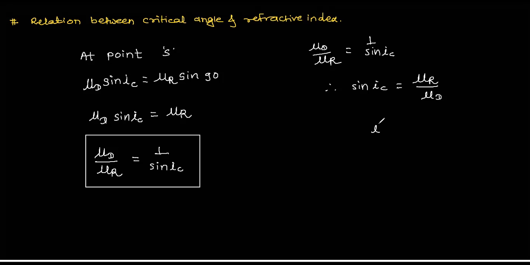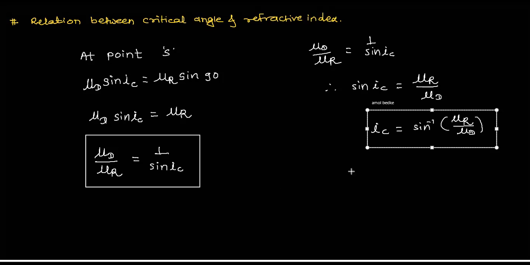And therefore the critical angle IC is equal to sine inverse of this ratio of refractive indices. Understand? So if they ask you the critical angle of two mediums, you just substitute the refractive index ratio and take sine inverse of that, and you will get the critical angle for that particular medium interface.